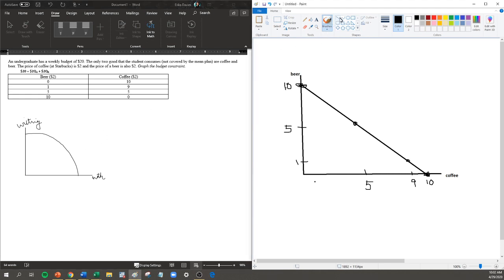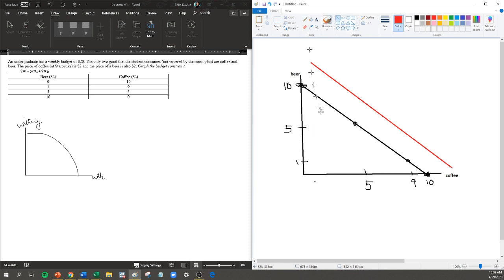Now, if our budget increases, if suddenly instead of $20 we have $30 to spend, we are going to see this whole budget constraint line shift outward. The whole thing is going to shift outward.